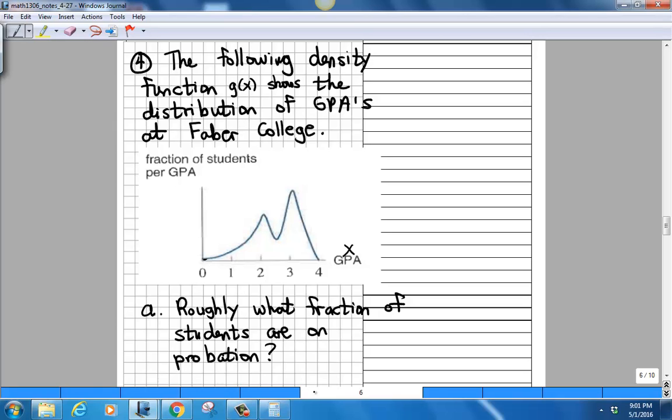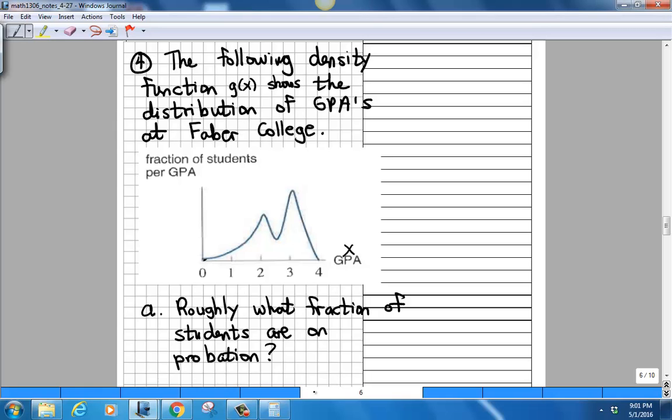It should come all the way down to the x-axis at 0, because I don't think you're going to have a GPA below 0. If you have a GPA below 0, then you're really in trouble. And the maximum GPA at Faber College, with GPAs calculated in the standard way, is apparently 4.